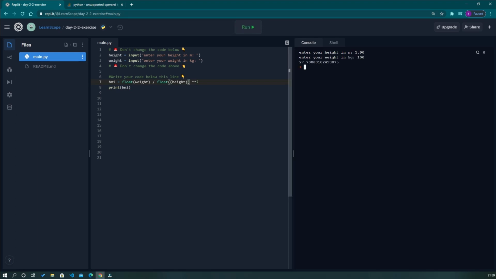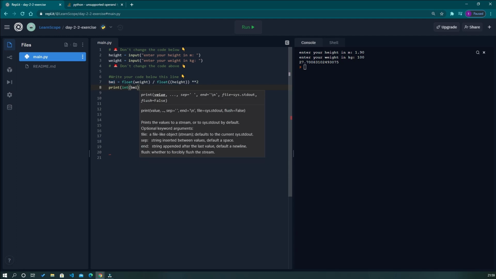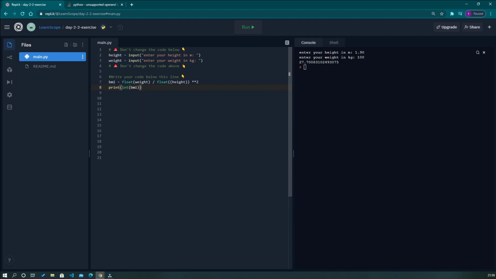Oh, okay, so float cannot be wrapped around the number, but only the variable. Okay, good to know. Okay, and then I'm gonna convert BMI into an integer. Wrap that around an int to the same figure again, 1.90 times. Yep, perfect. Done. Let's move on to the next.